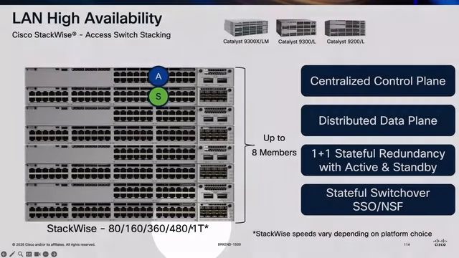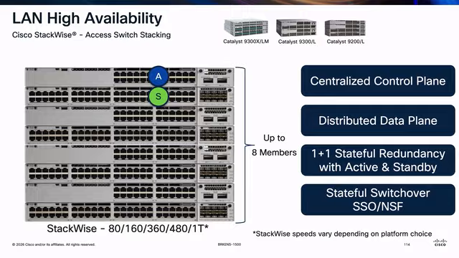And I'm going to just say that this is the stack of 48-port 9300Xs bundled together, only achievable with 9300X. And again, the switch between active and standby happens based on non-stop forwarding and stateful switchover.